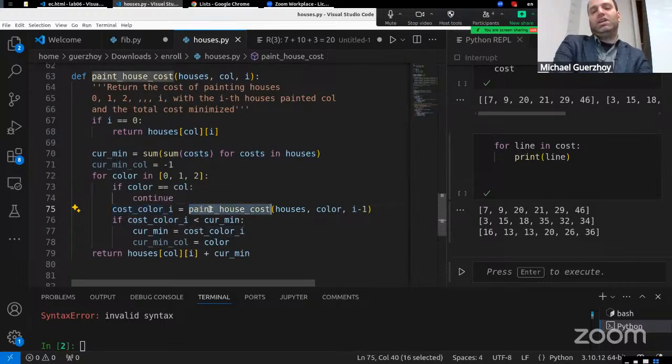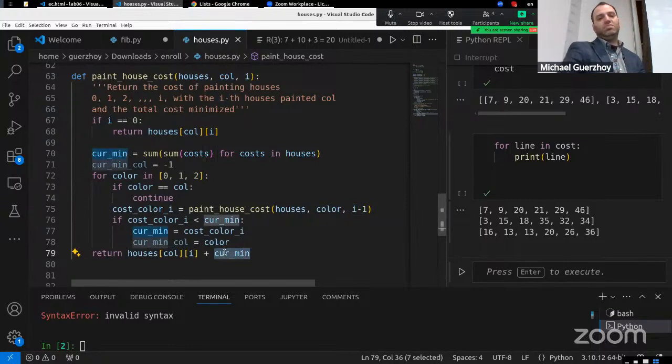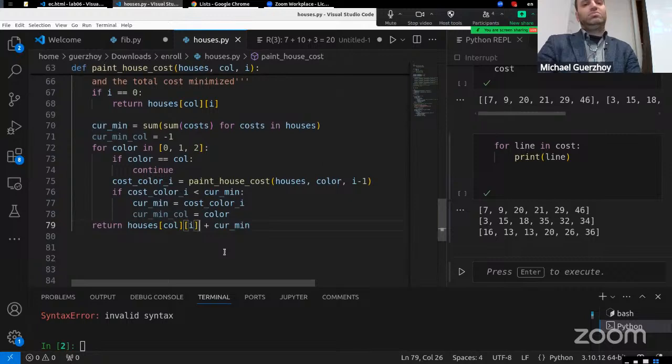Well, it's paint house cost at I minus 1 plus the current color, right?